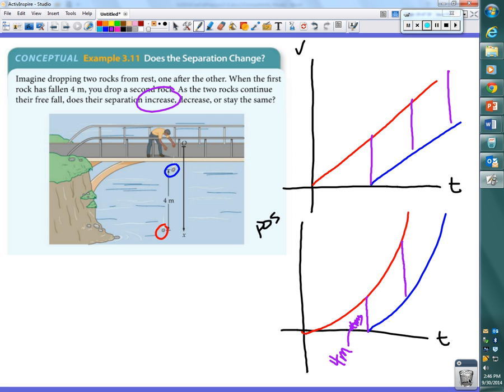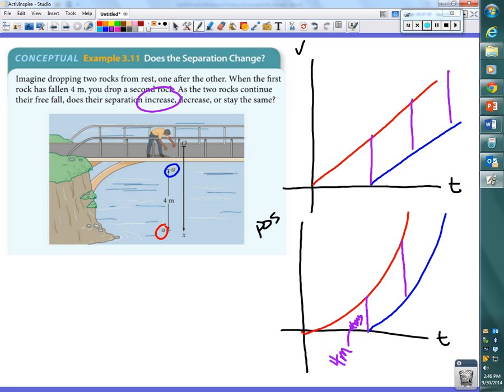But if you're going faster, here's my example. You're on the highway going 60 miles per hour. Another car is going 50 miles per hour. You're going to pull away from that car because you're going faster, right?